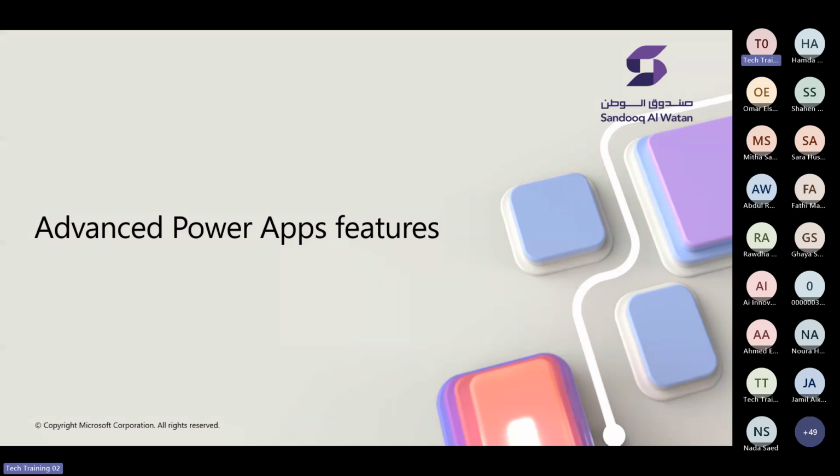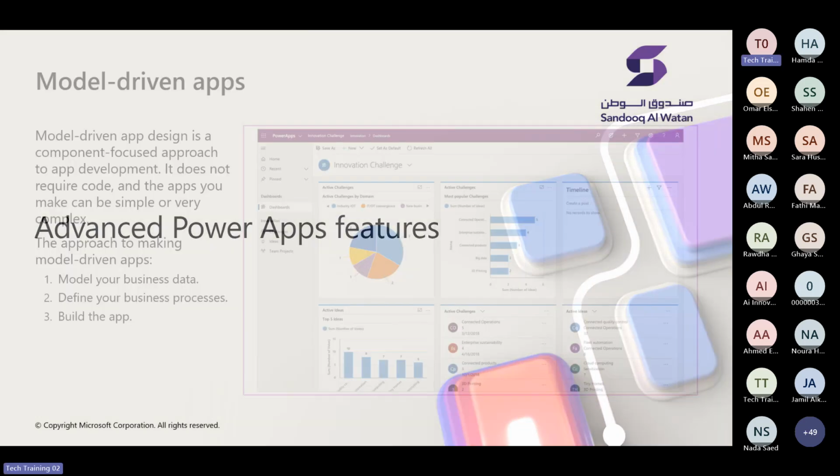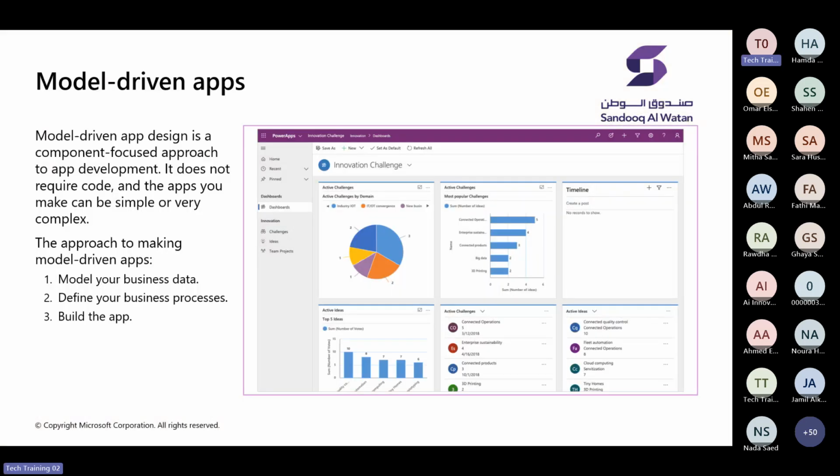Canvas is more of a closed application, so you can create it from Excel or Dataverse. But the model-driven app is wider, so it can work with dashboards, forms, many layouts, and other entities we can create inside the model-driven.